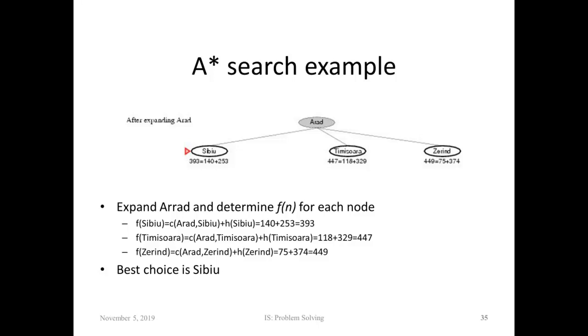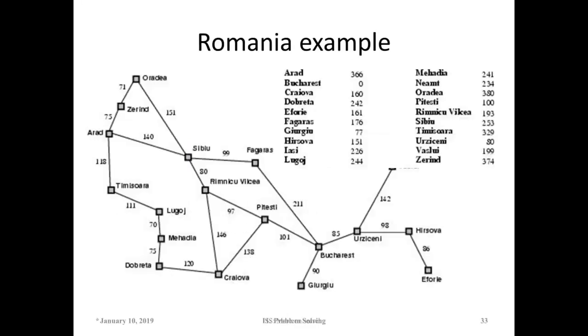And you calculate the same for Timisoara, just simply the travel distance between the two, plus the estimate of how far you are still away from Bucharest. So here's the example. These are the 3 successor states. If we go to Timisoara, then we have to take 118. That's the travel distance.